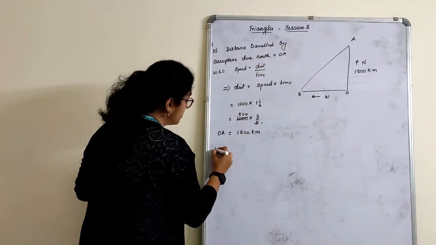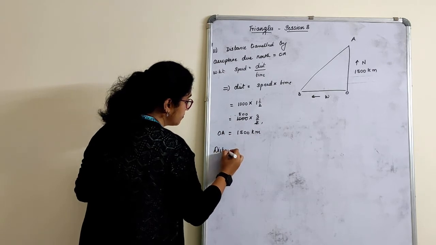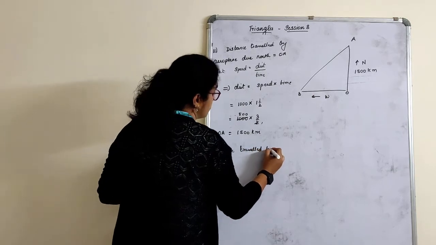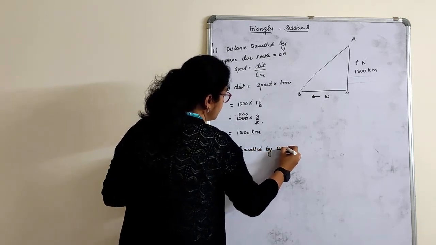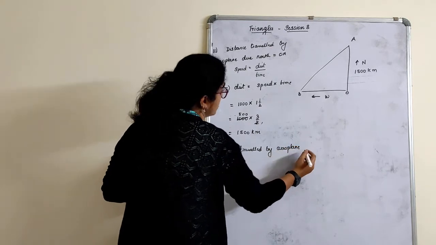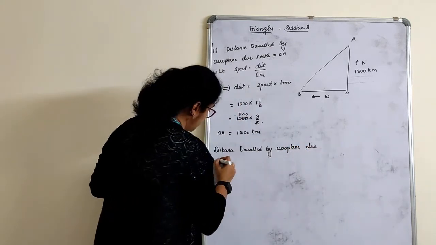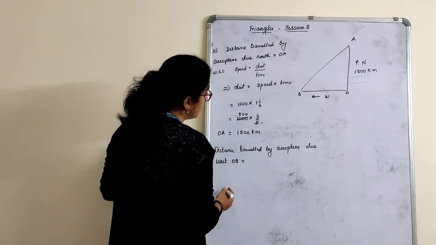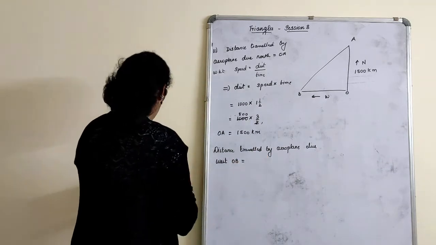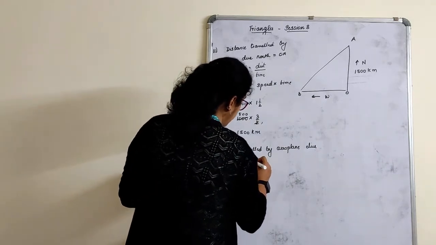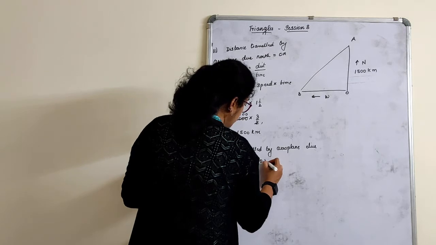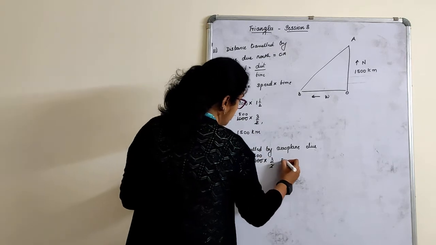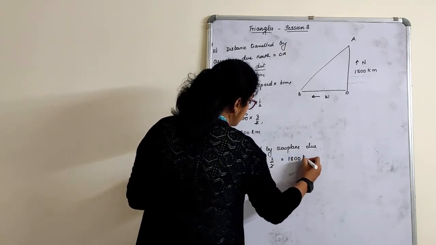Similarly, we will calculate the distance traveled by aeroplane due west. OB is equal to, directly we will write, 1200 kilometer per hour into 3 by 2. So 2 ones are 2, 2 sixes are 12, 0 0. This is 1800 kilometer.